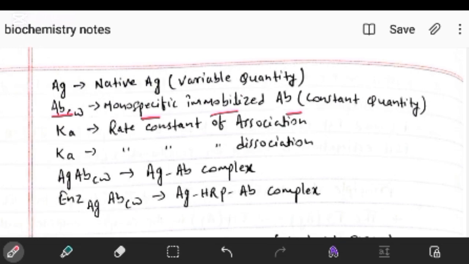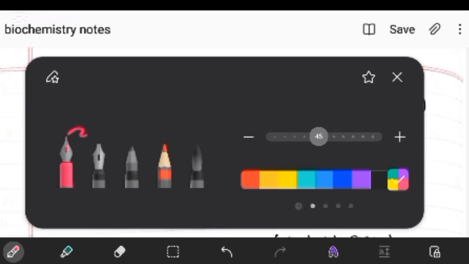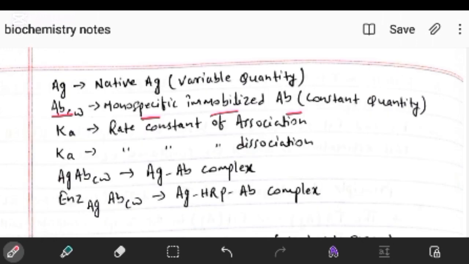Ka, rate constant of association. K, rate constant of dissociation. Antigen antibody CW is antigen antibody complex. Enzymatic antigen antibody CW is antigen HRP antibody complex.